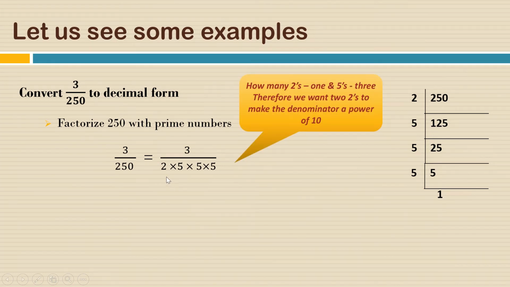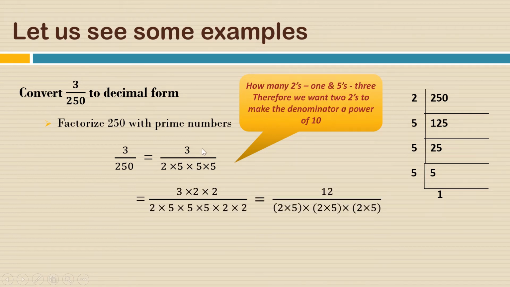Here in the denominator, 1 2 and 3 5's. 1 2 has 1 5. The remaining 2 5's have no 2's. Then we want 2 2's to make the denominator a power of 10. So multiply the numerator and denominator by 2 into 2.